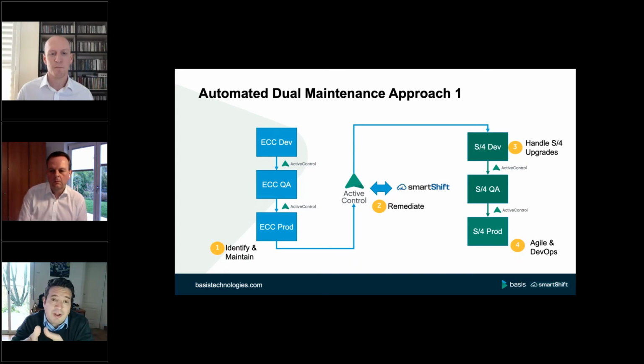So really the goal here is to ensure that as much as possible can be automatically dual maintained into the S4 landscape, after which it is then deployed through the S4 track to whichever point the project is at that point in time.